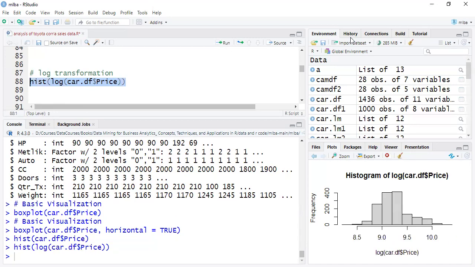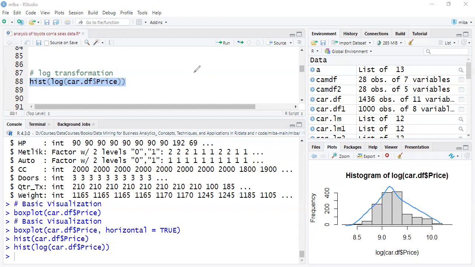Now you can see that the graph is more symmetrical as compared to the previous one. So after taking the log, the graph becomes symmetrical. The technique is referred to as transformation. So what is the purpose of transformation?